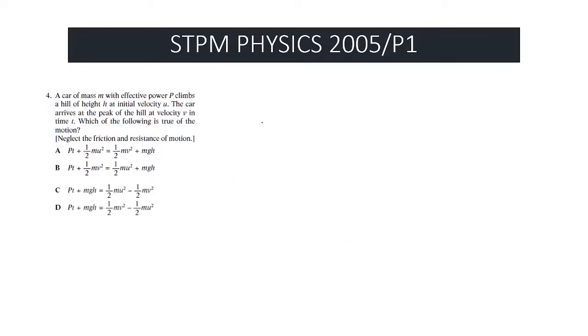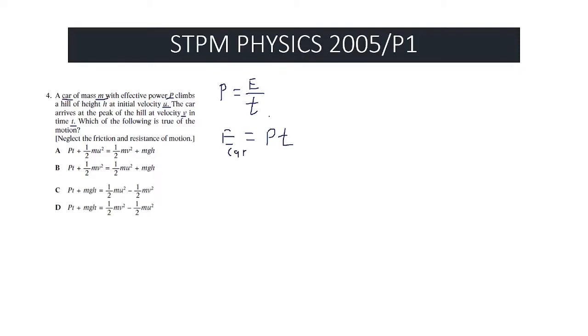Question 4. The question gives us the mass m, effective power P, initial velocity u, velocity v, and also the time. Power is defined as energy per unit time, so energy is equal to Pt, and this energy is provided by the car.